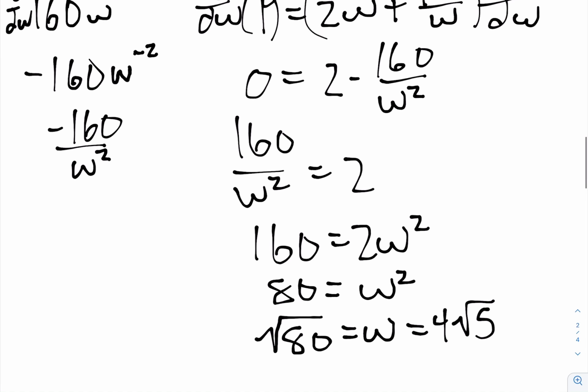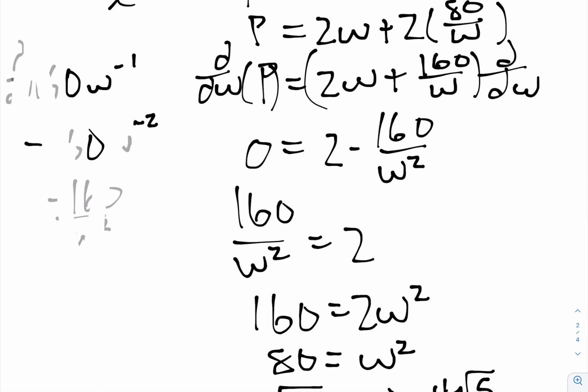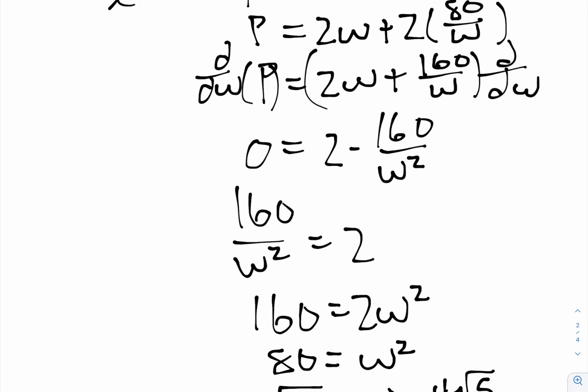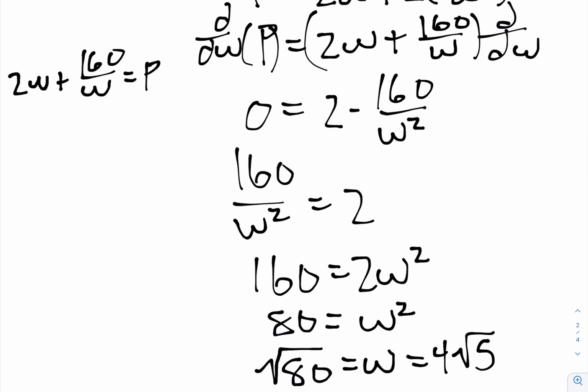So remember, our perimeter was 2W plus 160 over W. That equals our perimeter. Well, now if we know that the width is 4 root 5, 2 times W will just be 2 times 4 root 5, so this will be 8 root 5 plus 160 over W. Well, 160 over 4 is 40, so this will be 40 over root 5.